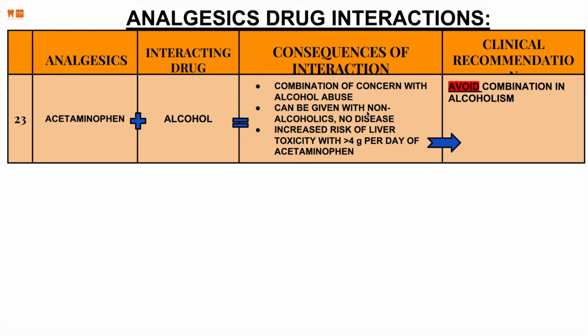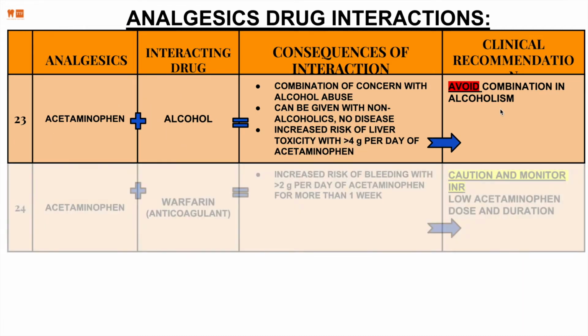It can be given with non-alcoholics, with a no disease person, but there's still increased risk of liver toxicity when you take more than 4 grams per day of acetaminophen. So this is our maximum daily recommended dose, right? Maximum. You can't cross the 4 grams, 4,000 milligrams. If we cross more than that in acetaminophen and are consuming alcohol, then we avoid the combination.